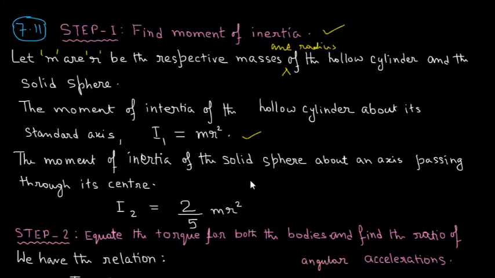Moment of inertia of the solid sphere about an axis passing through the center is I2 equal to 2 by 5 mr square.